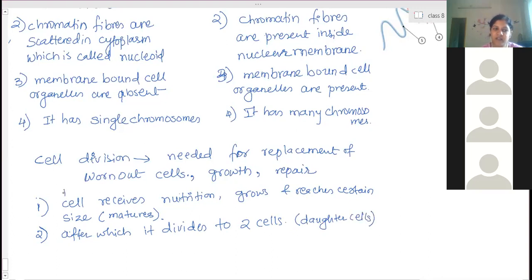The earlier original cell is called the parent cell. It divides and one single cell will form two cells. So those two cells are called daughter cells. This process is called cell division.